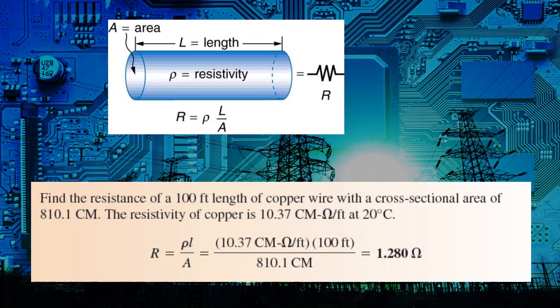Okay, there is a formula that is used to calculate the resistance of a conductive material, which is R equals rho, the resistivity of the material, times the length of the material divided by the cross-sectional area of the material. This formula is very useful especially for electrical engineers when calculating the line loss of distribution lines.